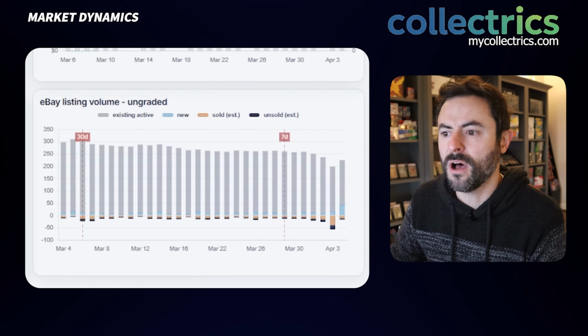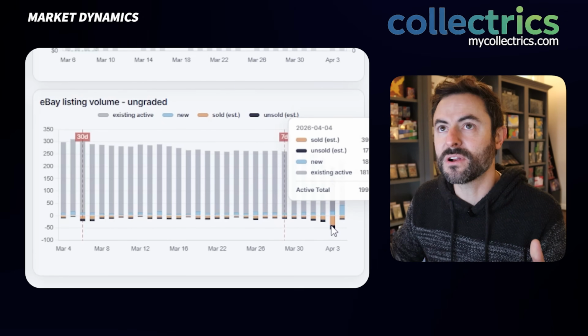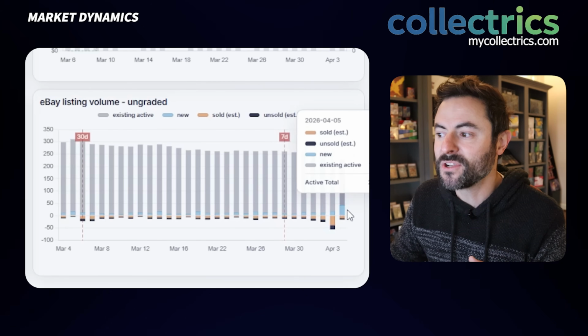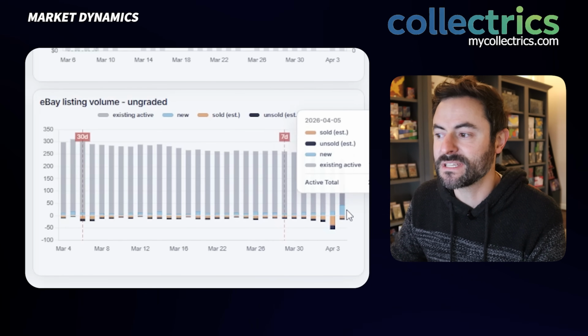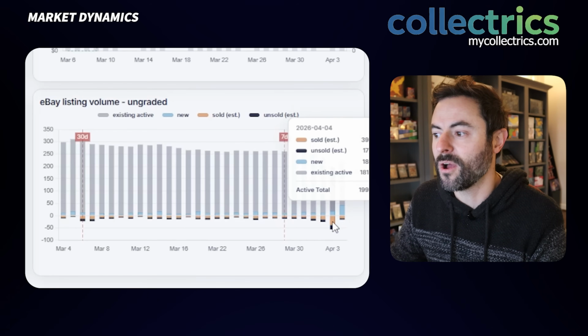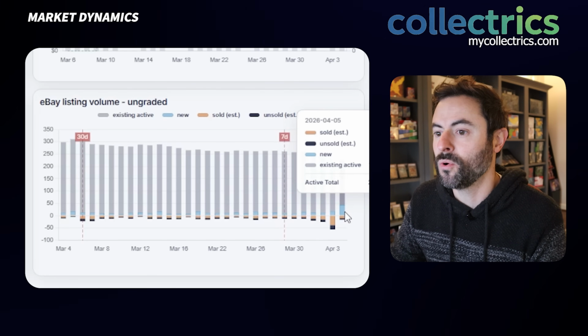New listings are up. It's funny, as soon as we start seeing a huge demand spike, you have just as many people trying to take advantage of it with new listings hitting the market. So something happened on April 4th where there was a big spike in sold, and then directly the next day, a big spike in new listings.